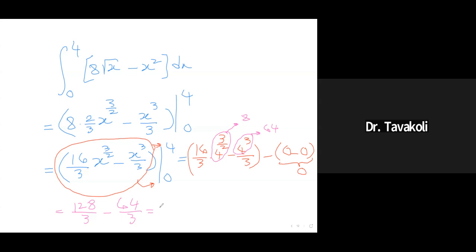Obviously, they have the same denominator of 3. 128 minus 64 is 64. So the correct area for this region is 64 over 3. And this cannot be simplified. 64 has no factor of 3. So this will be the final answer.